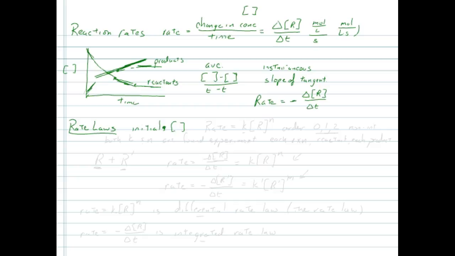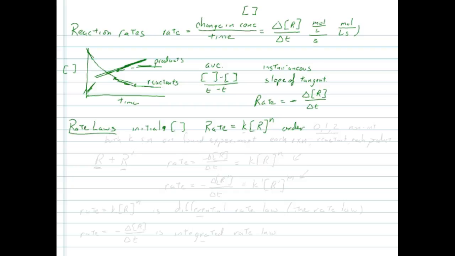One is the slope at the very beginning, or very soon afterwards. If that is the case, you can also write the rate as k, which is the rate constant, times the concentration of R to the n. And n is the order.